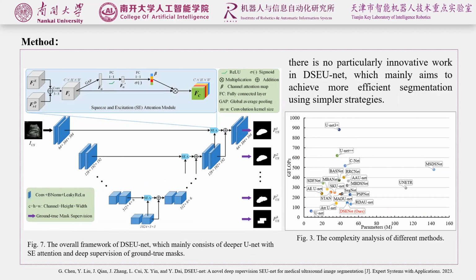To balance the complexity of the network, we only introduce the SE block and set up deep supervision in the 15-layer UNet. In summary, there is no particularly innovative work in DSE UNet, which mainly aims to achieve more efficient ultrasound segmentation using simple strategies. It can be seen from Figure 3 that although our approach has more network parameters, it does not significantly increase the computational overhead.